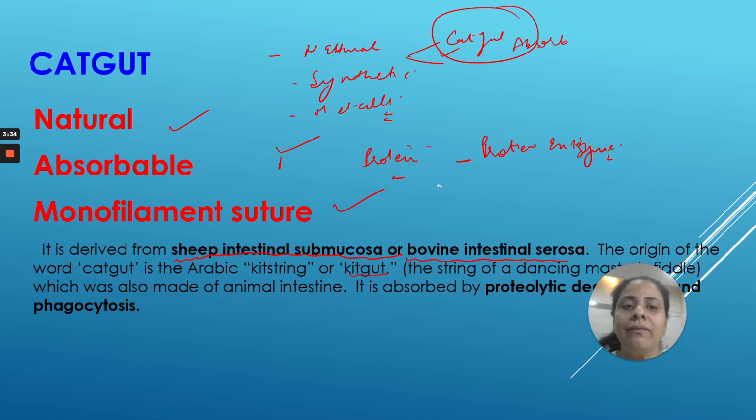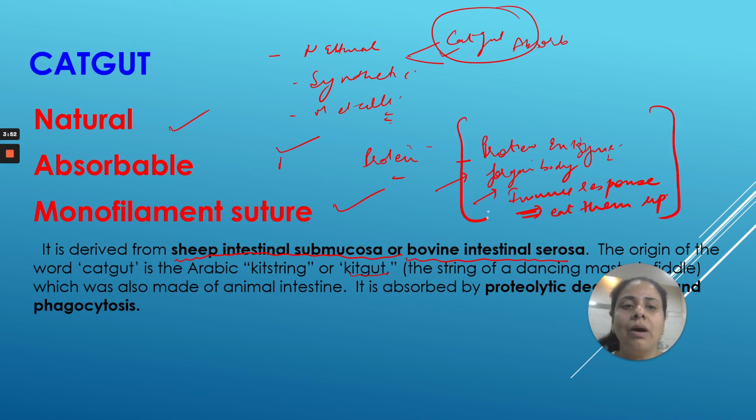The body behaves as if this is a foreign body, generates an immune response against these sutures, and tries to eat them up. This is how a natural suture material gets resorbed proteolytically.